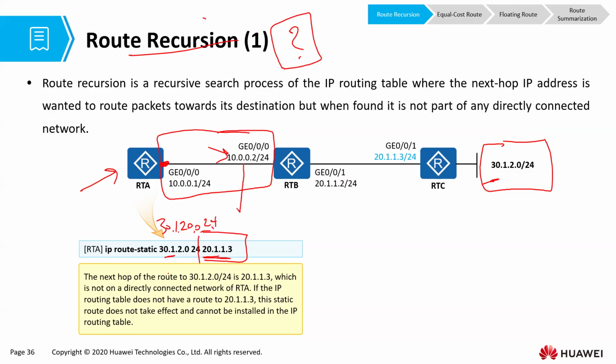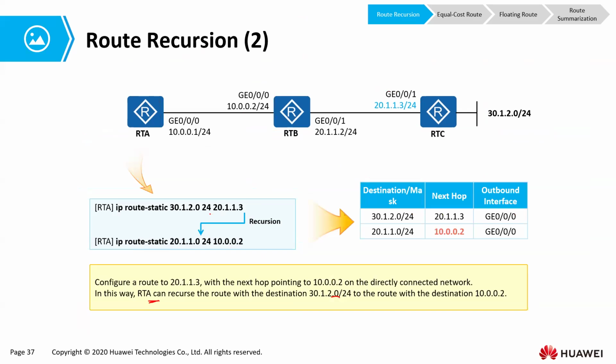Then also the next hop 10.0.0.2. The packet goes and reaches here. Then here there is another route with 30.1.2.0 and exit interface 21.1.1.3. So route recursion is a case where you want to install a route, but the next hop IP is not on a directly connected interface. To solve that, we have route recursion.